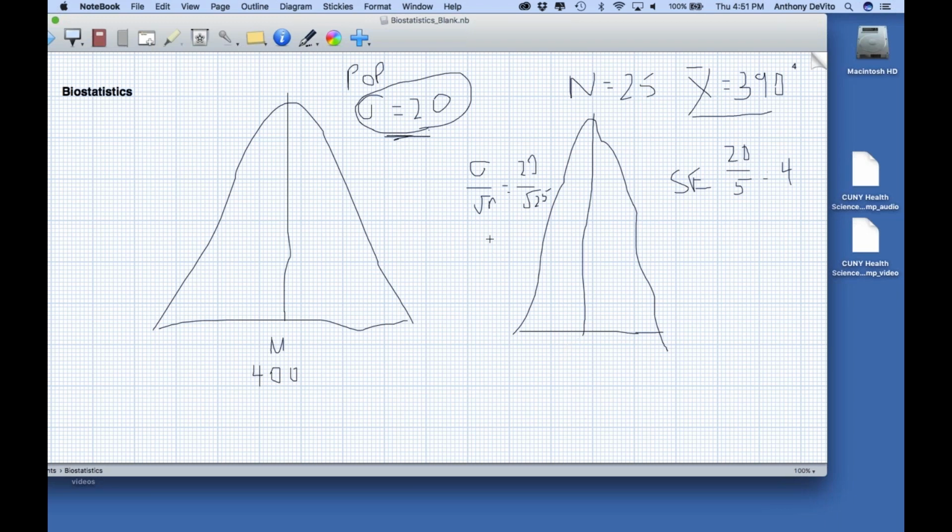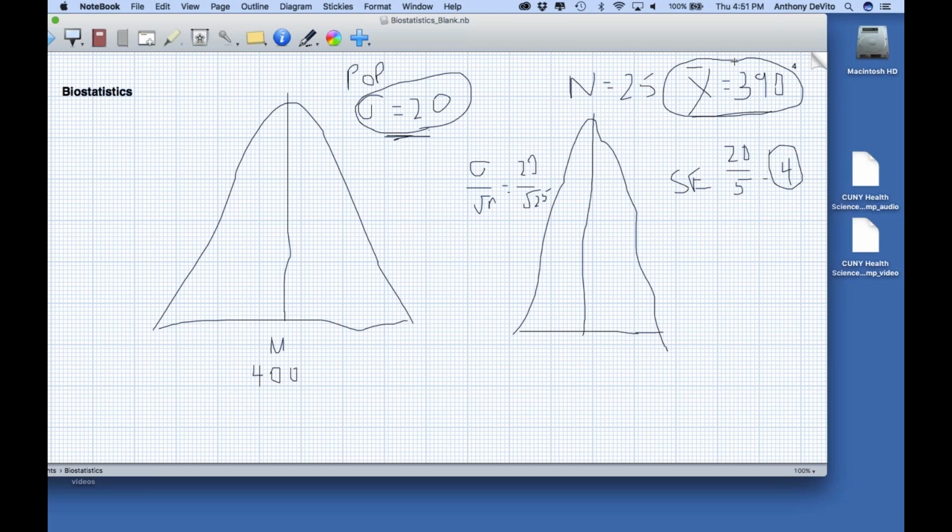Okay, so at any rate, I know that my mean was 390. And I know that if I take repeated samples, I expect that the standard error for those repeated samples is 4. The spread is based on a standard error, standard deviation, of 4. Well, let's for the moment pretend that that is our starting point for our guess for the population mean.